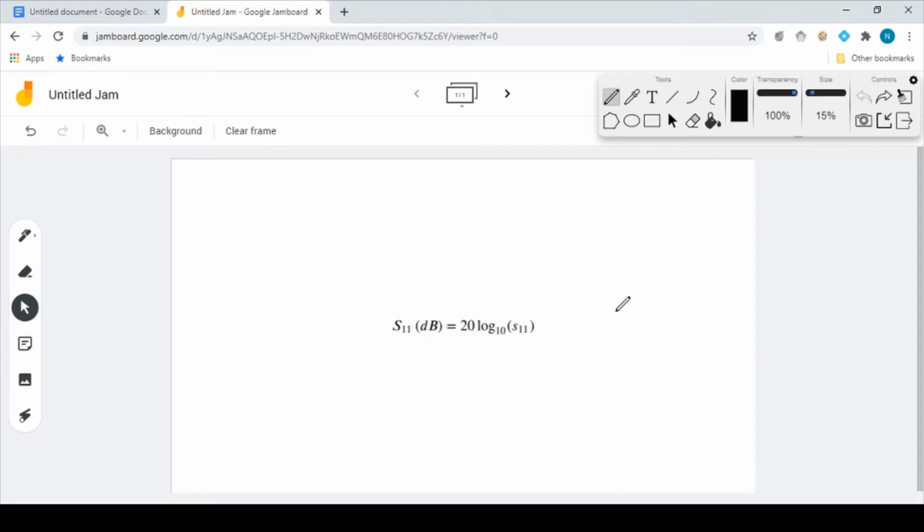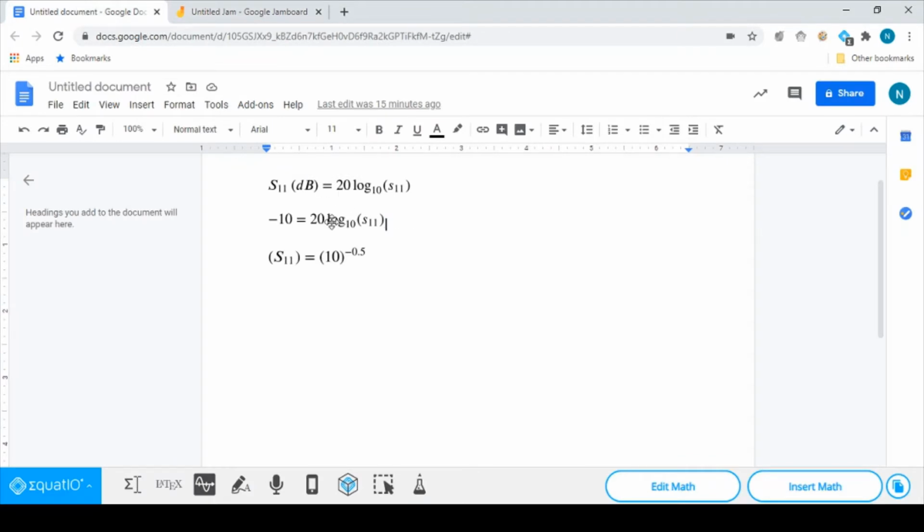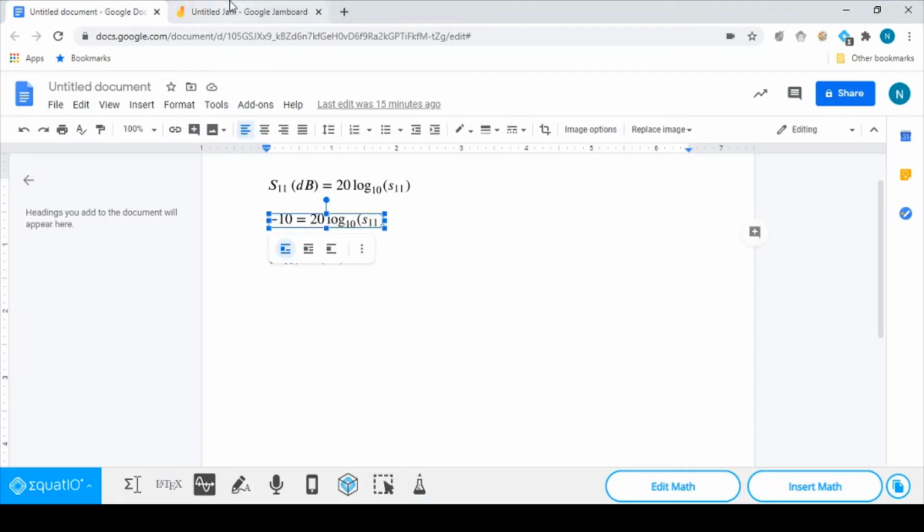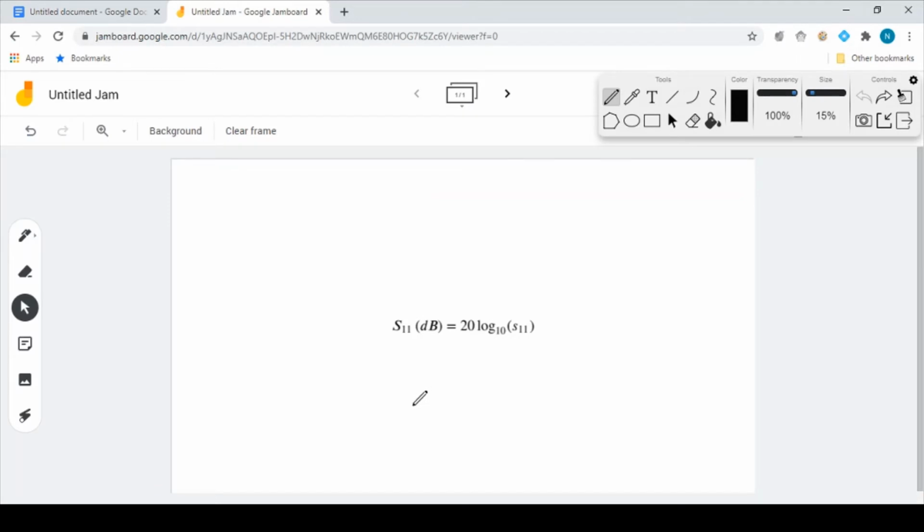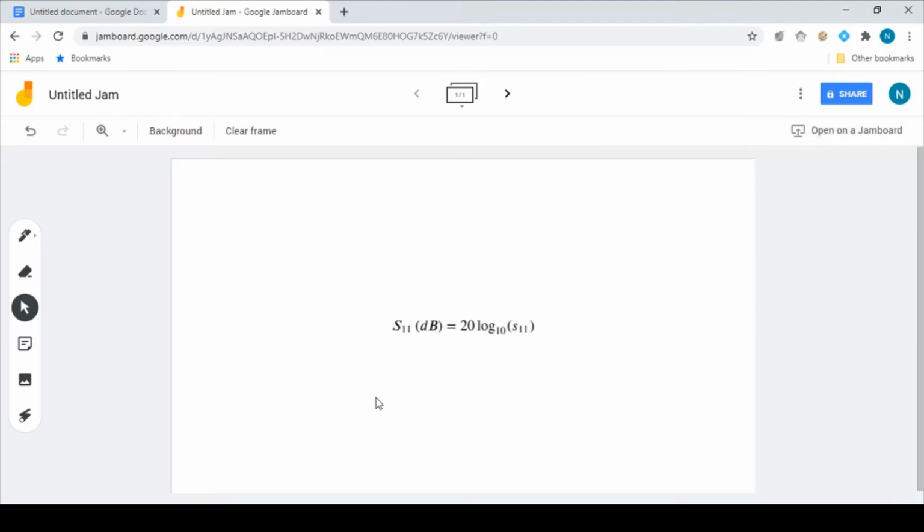Now what we do, we put the S11 value as minus 10, so I'll put this S11 value to the minus 10, right, and I put it as minus 10.